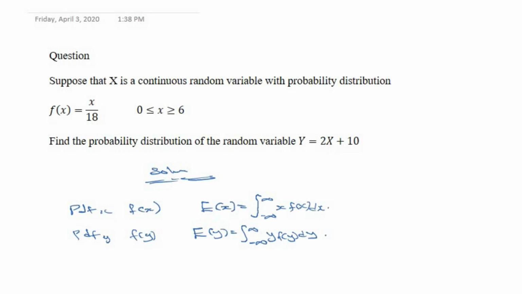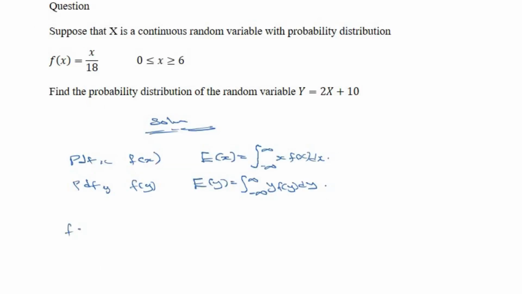We are given f of x as x over 18. We are also given y is equal to 2x plus 10, so we can look for dx over dy. Making x the subject of the formula, we have x is equal to y minus 10 all over 2, which is the same as y over 2 minus 10 over 2.